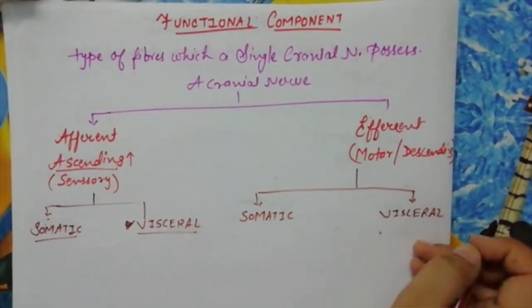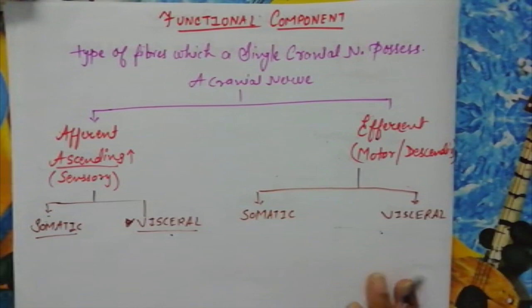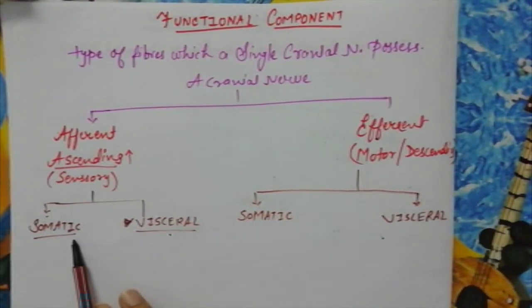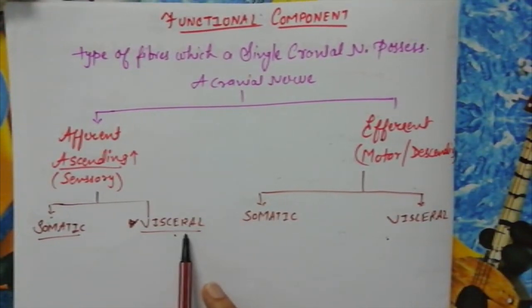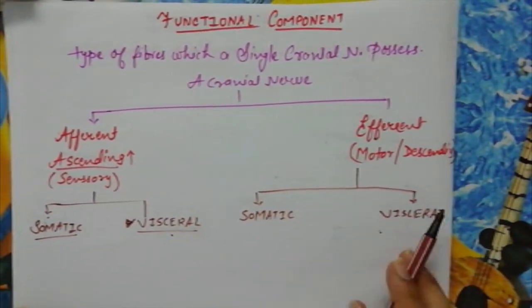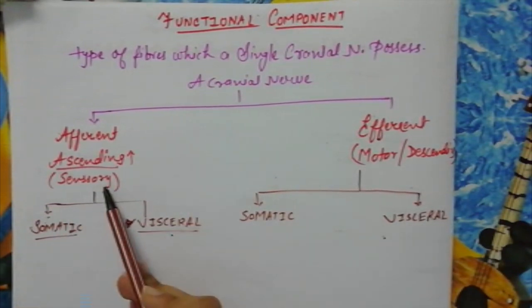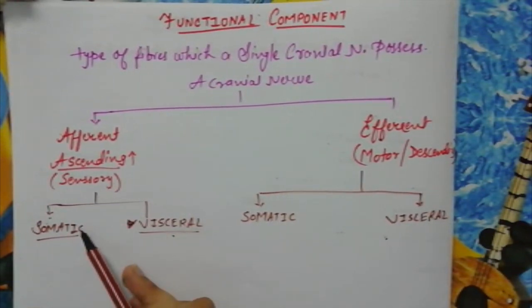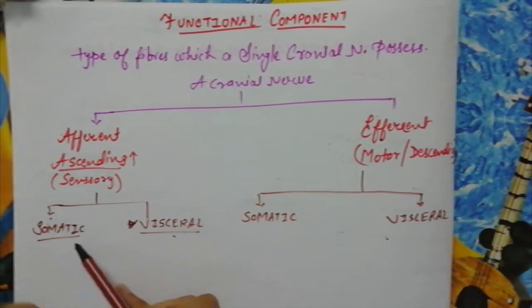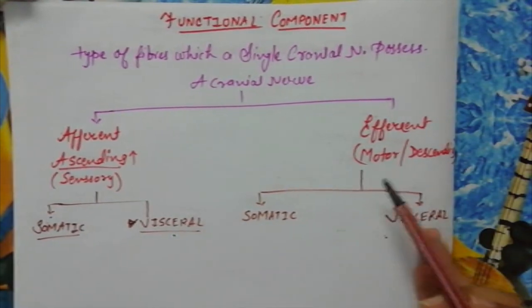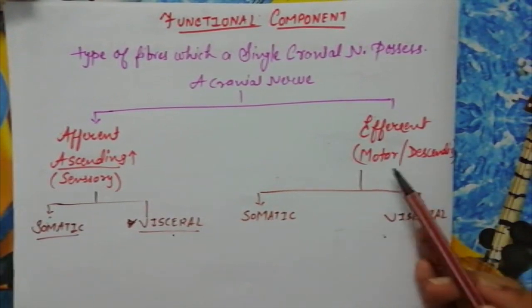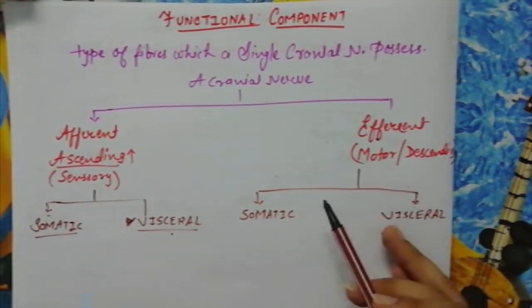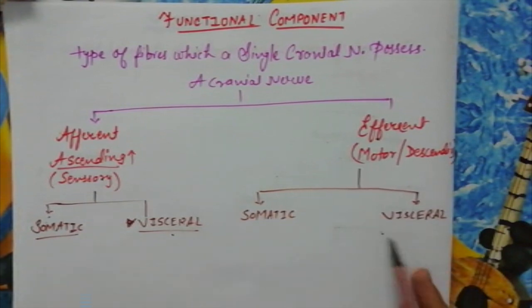What is the meaning of somatic? Somatic means the body wall, skeletal muscles and also the limbs. And visceral means the viscera of our body. So the sensory fibers carry the information from the body walls and the viscera, and the motor nerves carry the information to the body wall and the viscera.